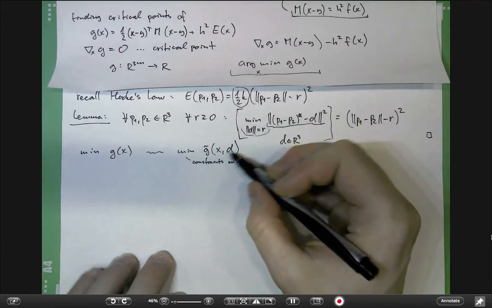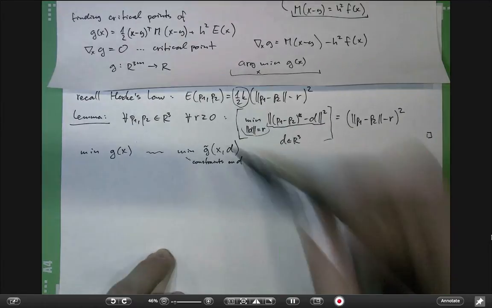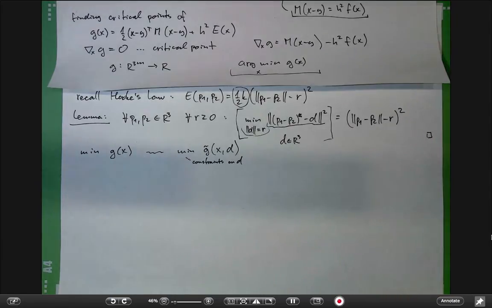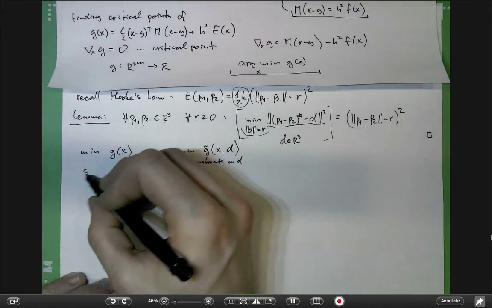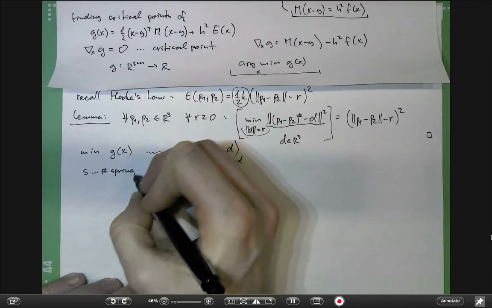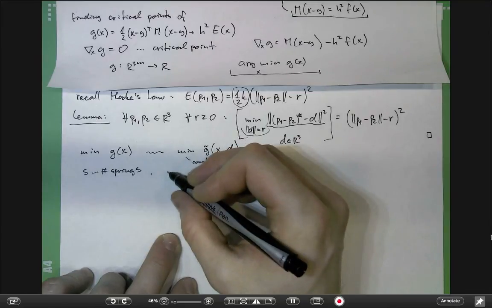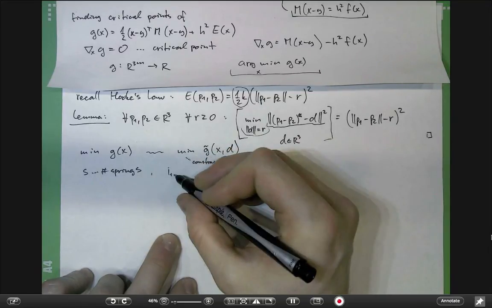So here by d, I mean aggregated d, so this is d for an individual spring. Here I mean it by putting it for all springs together. I will write it down formally correctly. So if I have S springs, that's the number of springs, and the indices of the endpoints of spring i are i1 and i2.